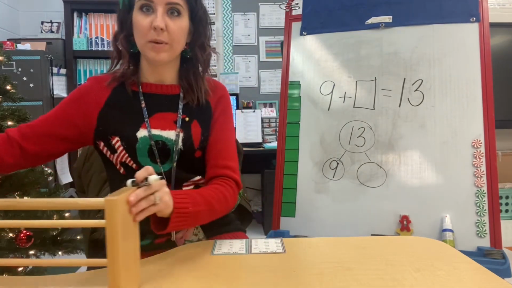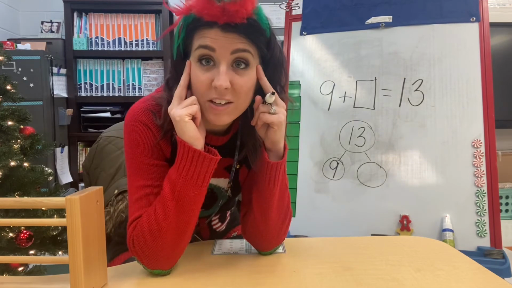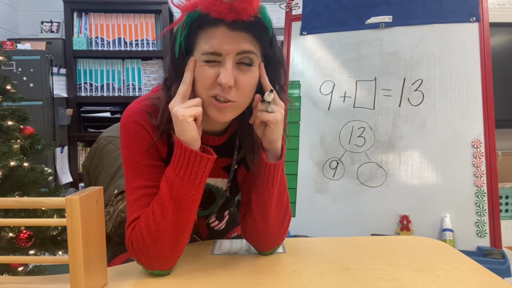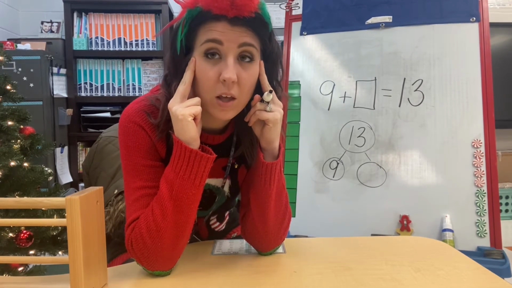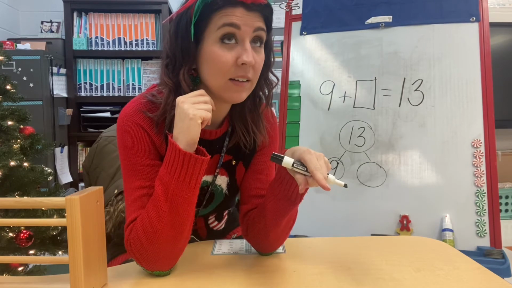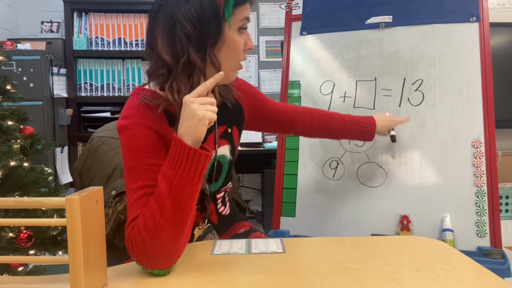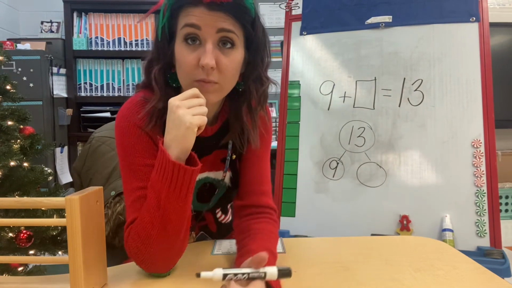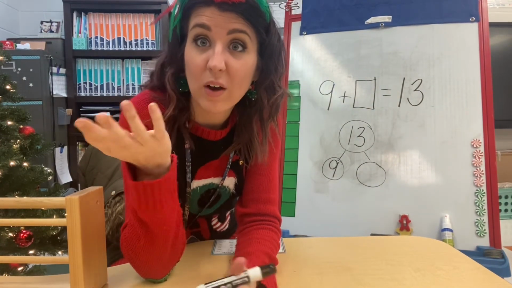Now we were using the bead rack, but now we're going to try something a little different. We're going to imagine 9 in our head. Picture 9 like in a 10 frame. Can you picture it? Okay. We're going to keep adding to that 9, those imaginary dots in our head, until we get to 13. Every time we add one, we're going to keep track on our fingers so we know how many we're adding.